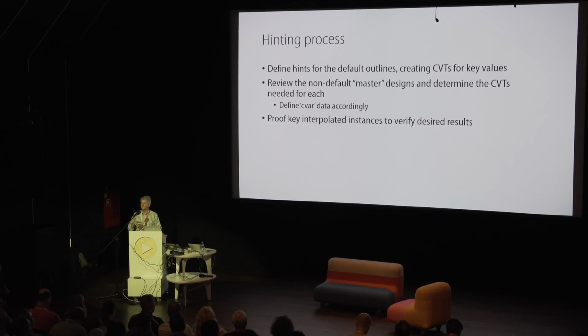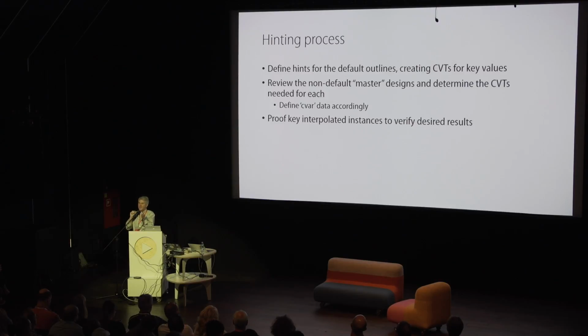And then review the non-default masters that are significant. Now, this is a point where, depending on your tooling workflow, you may need to be aware of how your original source masters got translated into variation data within the font, because you want to be focusing on those particular points where the deltas are defined in the font.